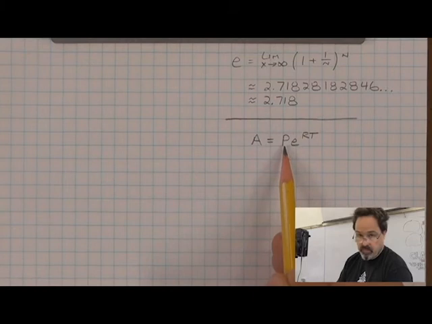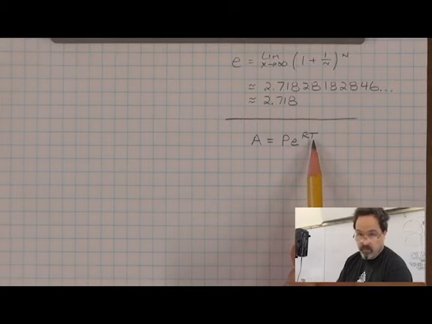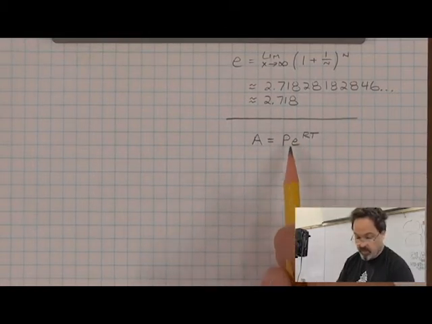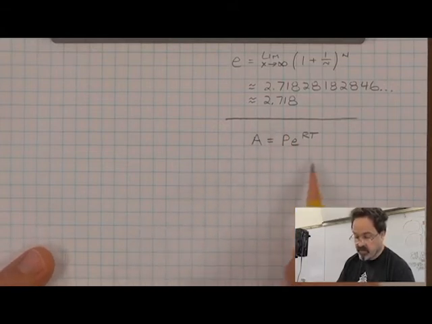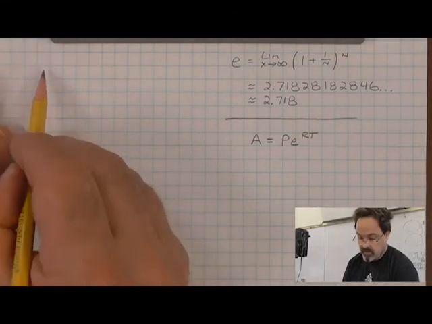P is the principal or the initial amount. e is the special number that we're using as a power base. And the exponent of that power is the product r and t: r for an interest rate or a rate of growth, and t for an amount of time, typically years in a banking context.